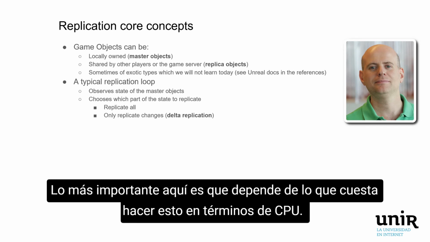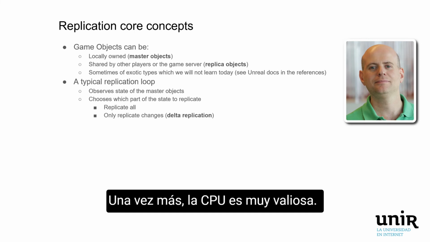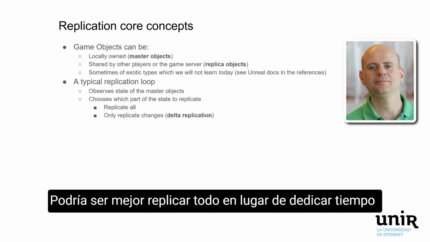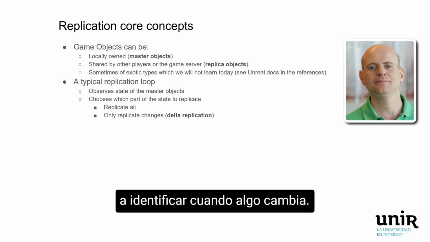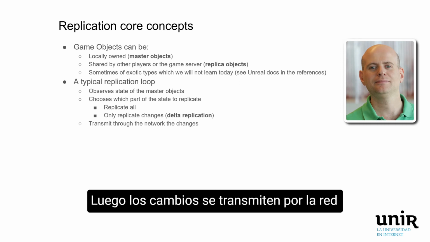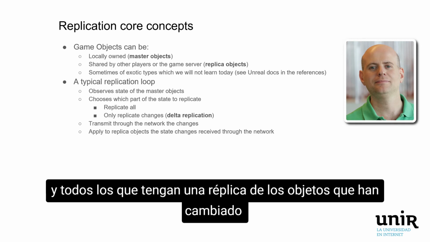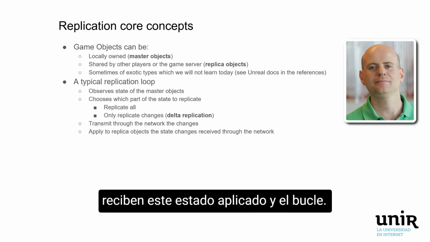The important part here is that it depends on how much CPU it costs you to do this. Again, CPU is precious. It might be better to replicate everything instead of spending time to identify when something has changed. Okay. Then the changes are transmitted through the network, and everybody who has a replica of the objects that have changed receives that state, applies it, and the loop repeats.